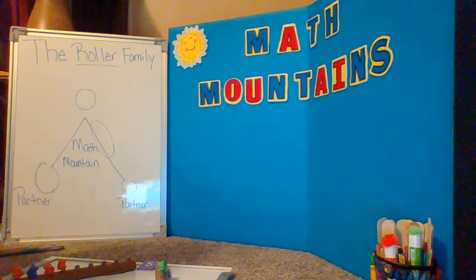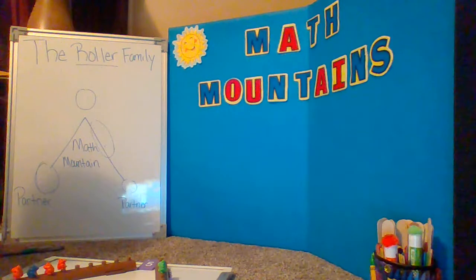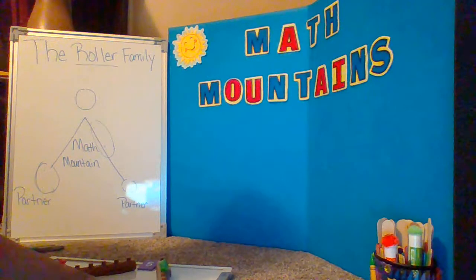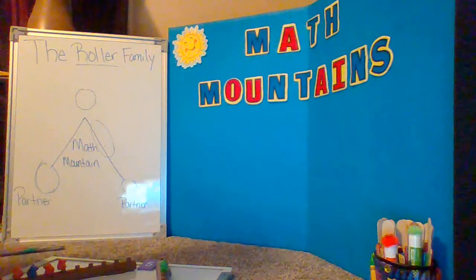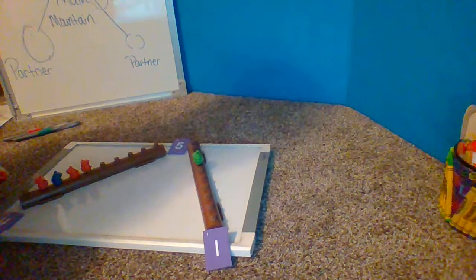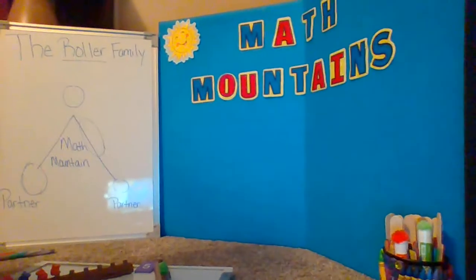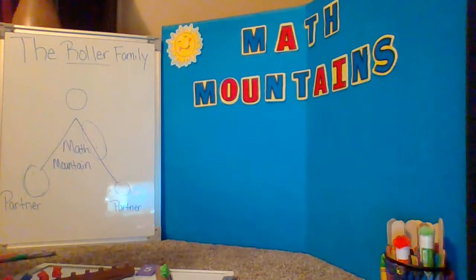So our partner numbers would be 4 and 1. See that? There we go. 4 and 1.